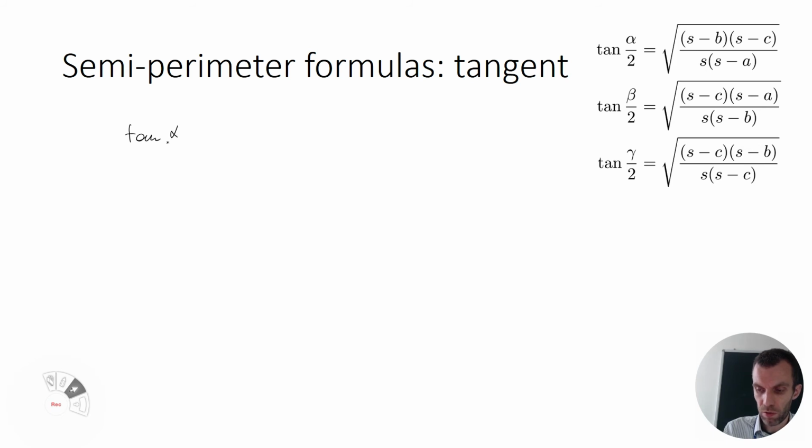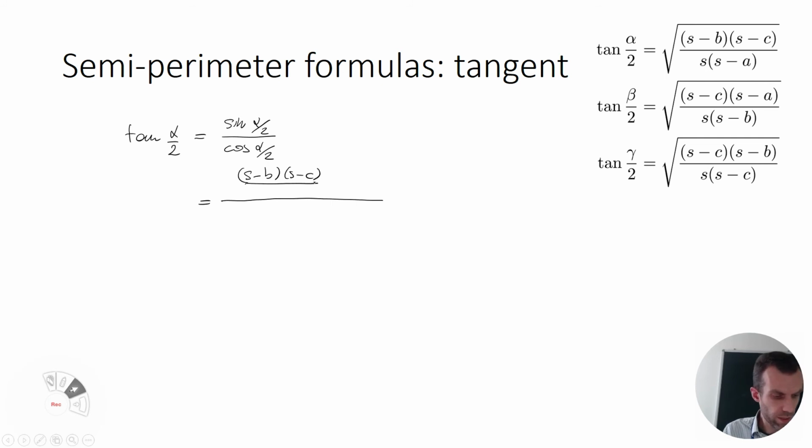So we can start on 1. You can write this as sine alpha over 2 divided by cosine alpha over 2, and then if you look back at your formulas, then what you get is that this is equal to a big fraction: the square root of (s minus b)(s minus c) divided by bc, and then for the cosine you have s minus a divided by bc and the square root of that whole thing.